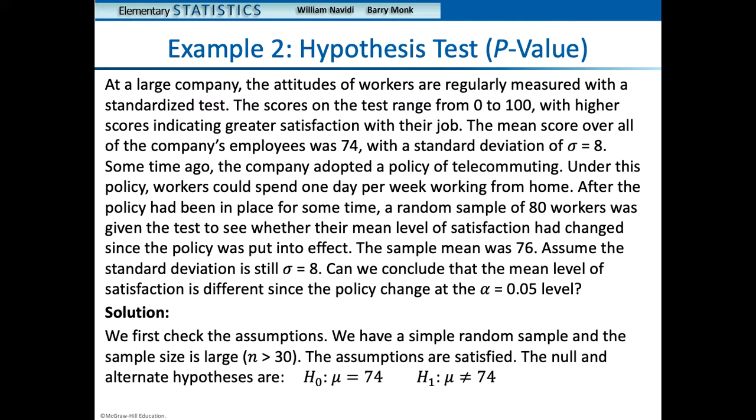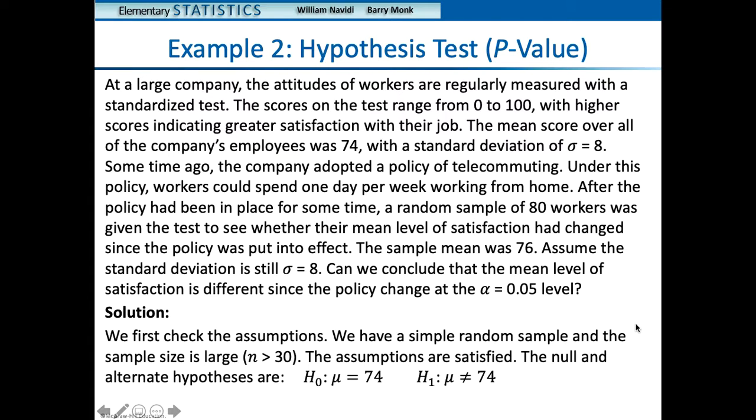Next step will be to establish our hypotheses. The null hypothesis is the assumption that nothing has changed. If nothing has changed, then the mean score will still be equal to 74, what it was before. The alternate hypothesis will set this up as a two-tailed test using just the not equal to symbol.